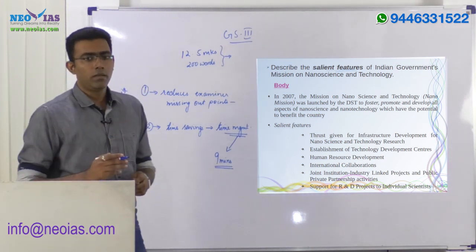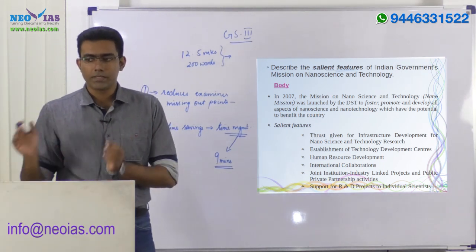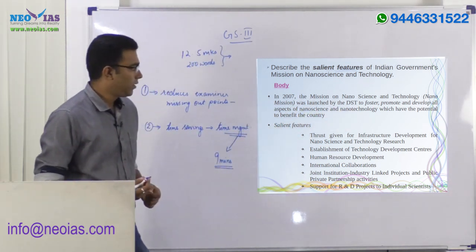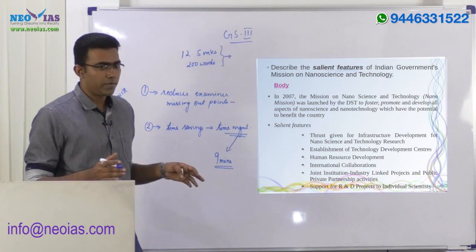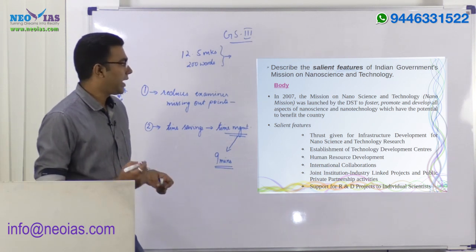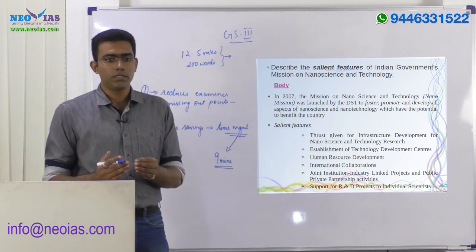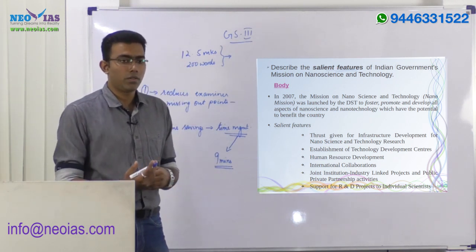Don't write DST, elaborate it. That is Department of Science and Technology. Was launched by the Department of Science and Technology to foster, promote and develop all aspects of nanoscience and nanotechnology which have the potential to benefit the country. So this is how you introduce the nano mission.